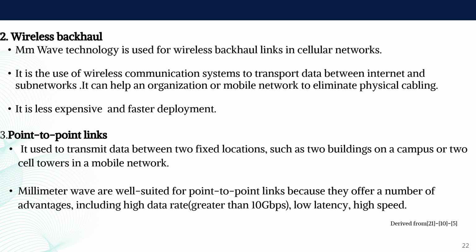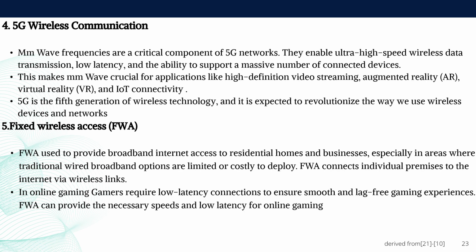The next one is point to point links. In millimeter wave communication technology, point to point links are one of the major applications. They are mainly used to transmit data between two fixed locations, such as two buildings inside a campus or two cell towers in a mobile network.